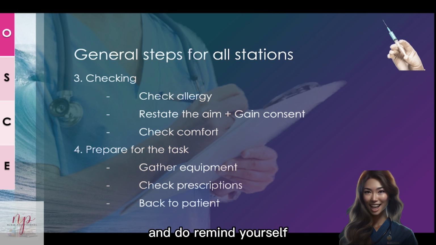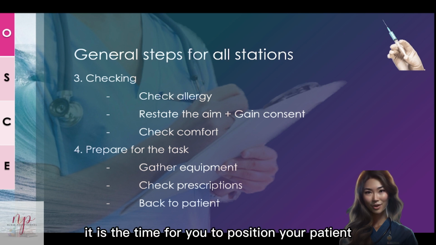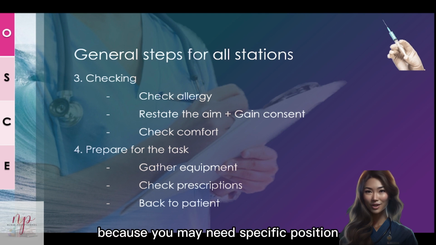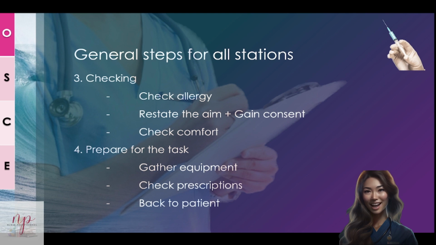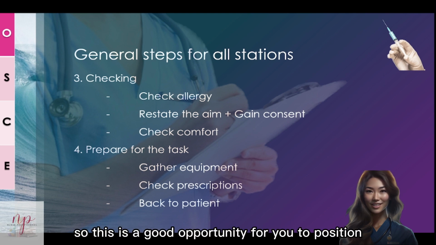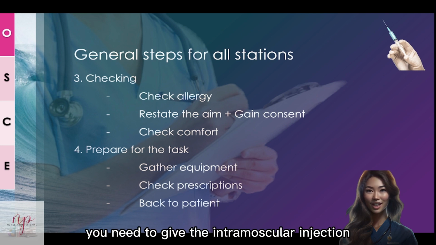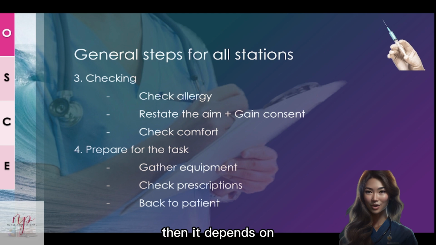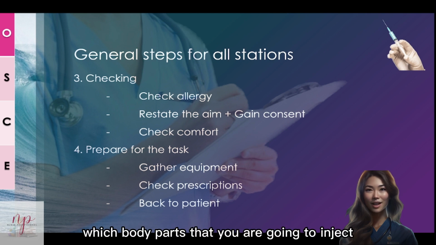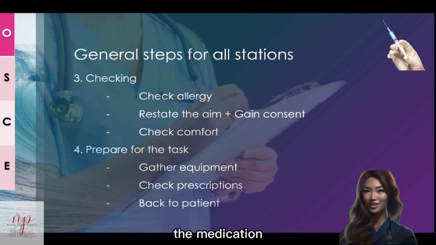And do remind yourself, it is the time for you to position your patient, because you may need a specific position for you to do the task. So this is a good opportunity for you to position your patient. For example, you need to give the intramuscular injection. Then it depends on which body part you are going to inject the medication into.